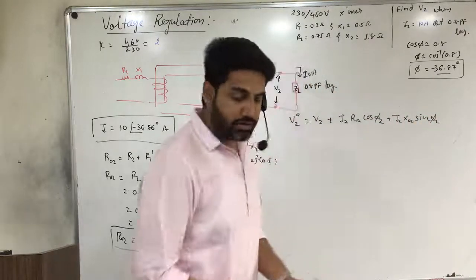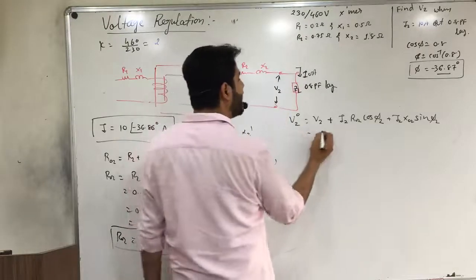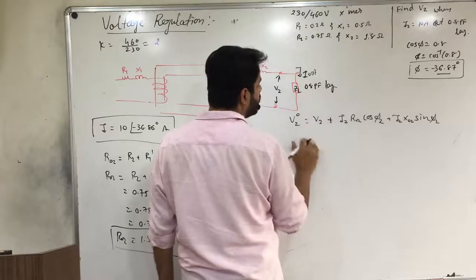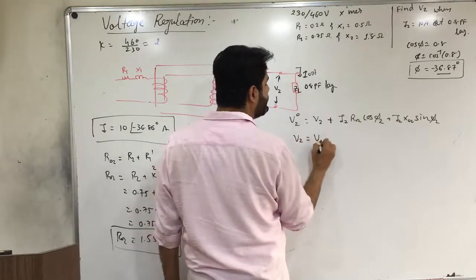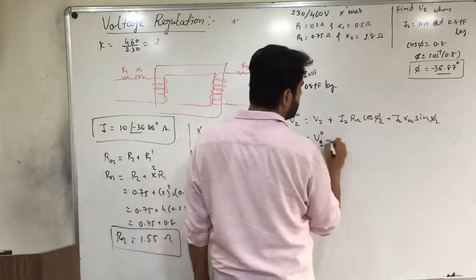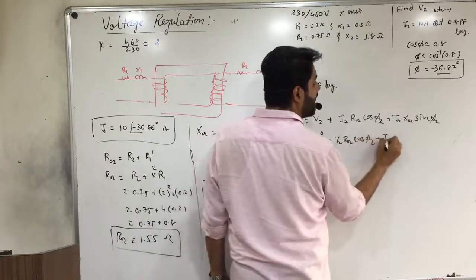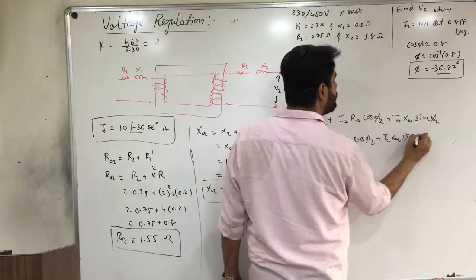This was the formula. So V2, which we are supposed to calculate, is equal to V2 no load minus I2 RO2 cos phi 2 plus I2 XO2 sin phi 2.